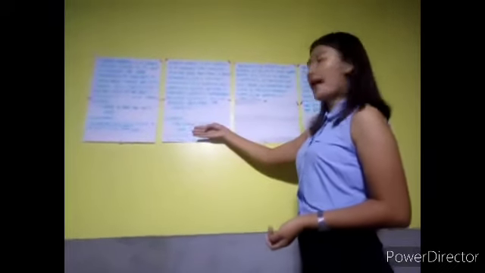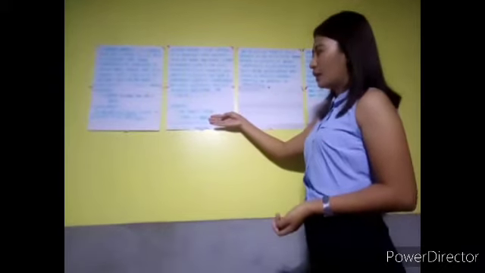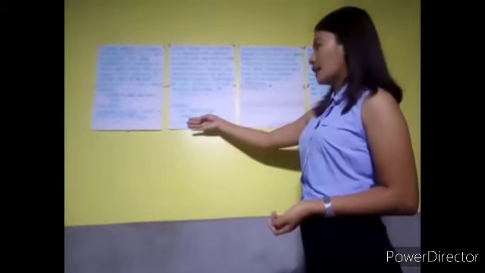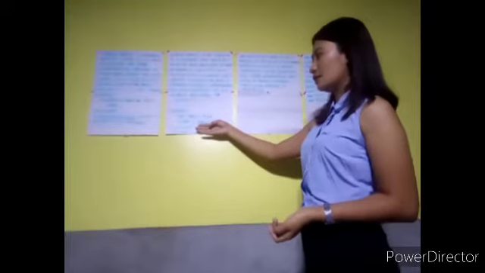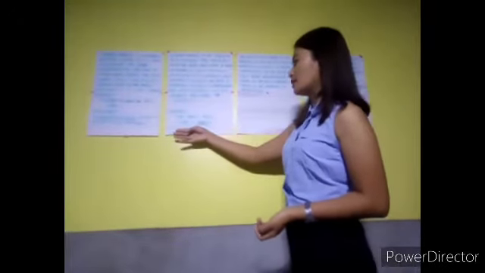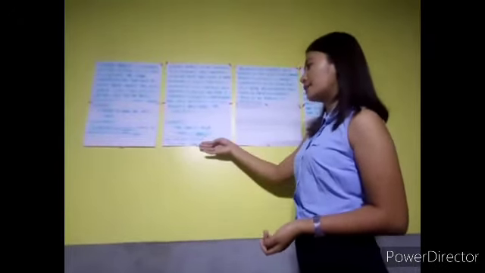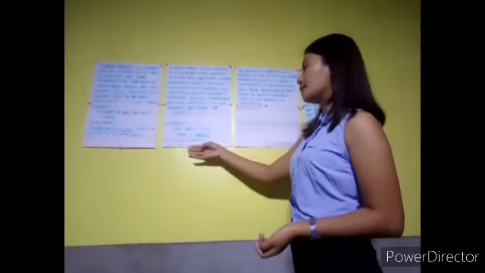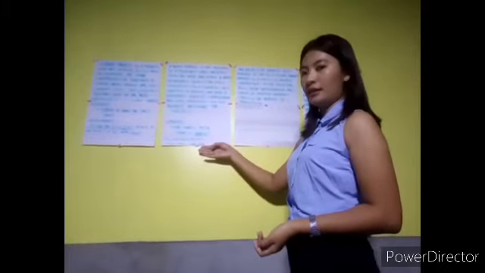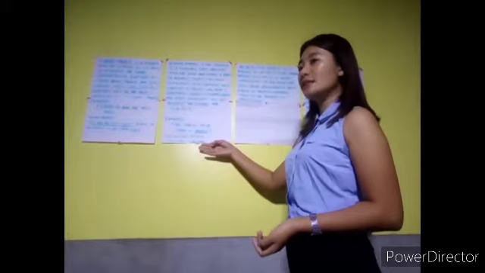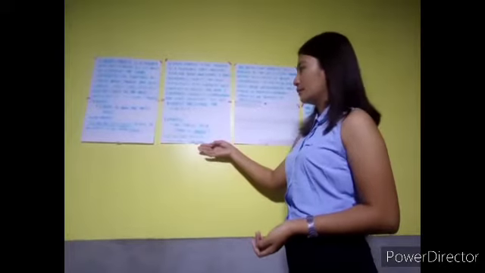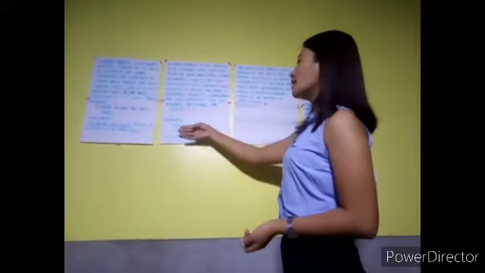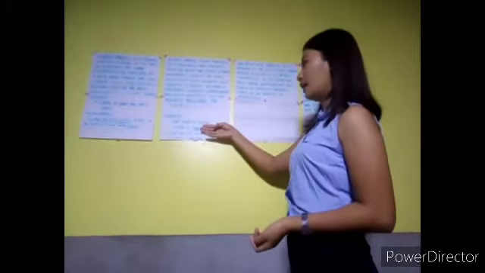She smells pizza. The verb phrase is smells. The second is, she can smell the pizza. The verb phrase is can smell. Did you get it, class? She smells pizza.